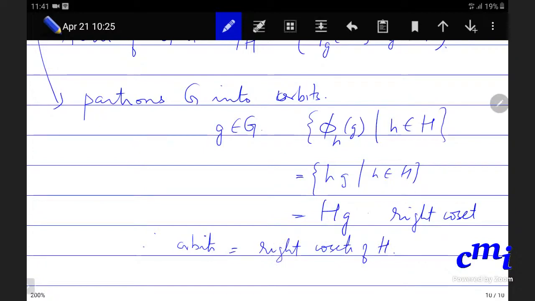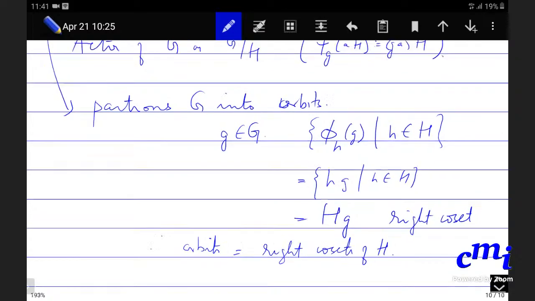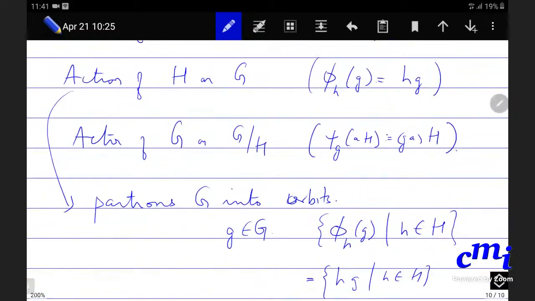Yeah. So like if it's clear, sir. So if this has to be equal to the left cosets, then it has to be normal. That is true. But these are sort of independent things. So this is just H acting on G, and the orbits are this. This is G acting on G mod H, which is actually the space of left cosets. Okay.